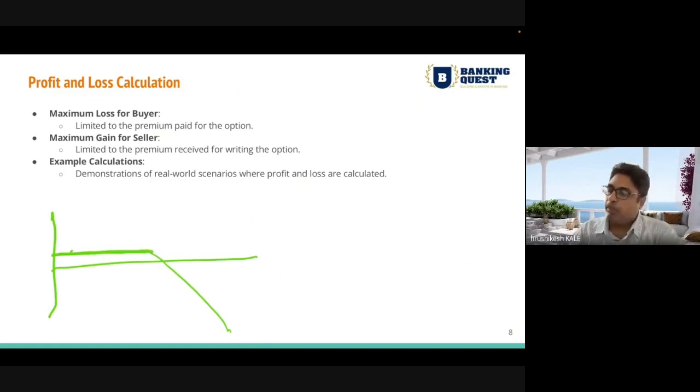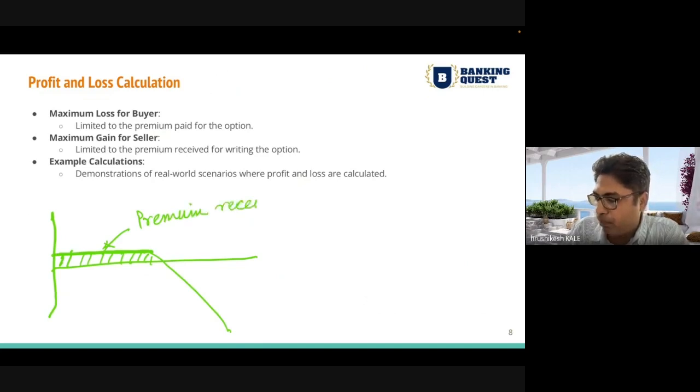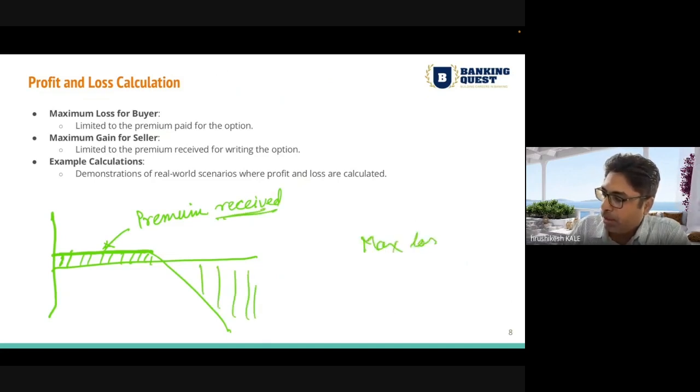Now, the maximum profit for a short call is equal to the premium received, and the maximum loss can be unlimited because this can go down.